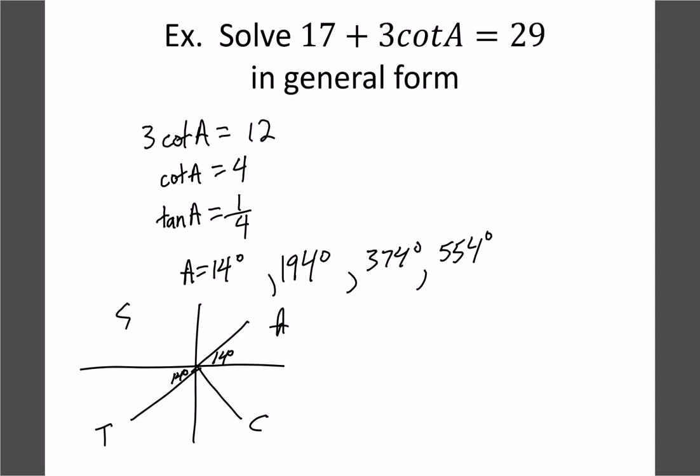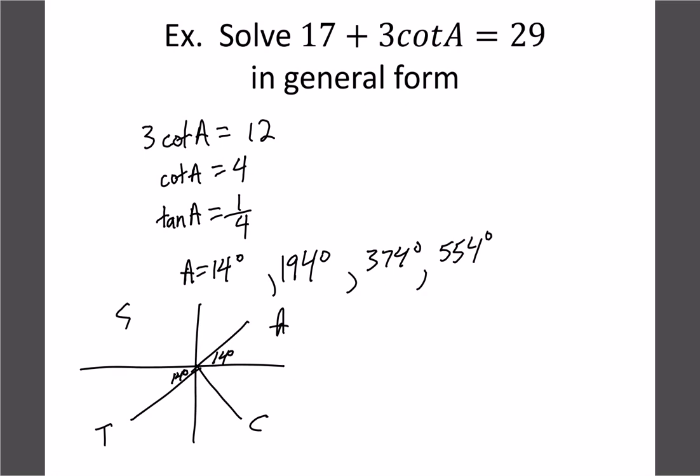But sometimes you can see that there is going to be a pattern involved here. So if we actually go 14 plus 180, we get 194. If we go 194 plus 180, that gives us 374. If we add 180 on again, we get 554.